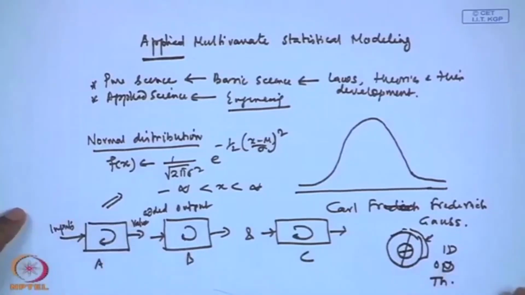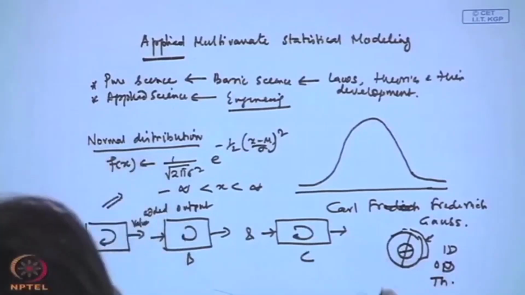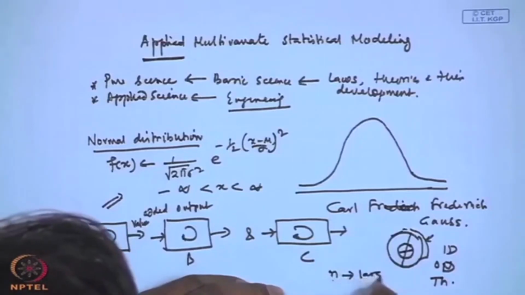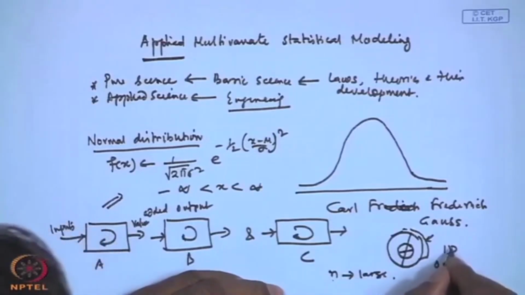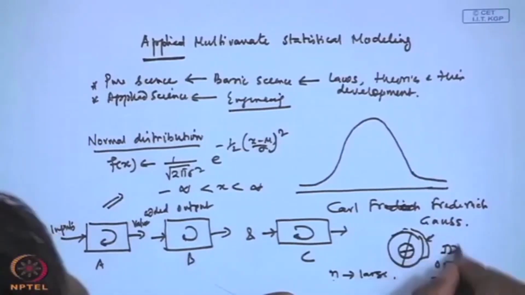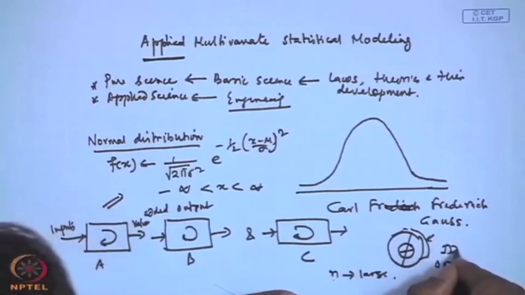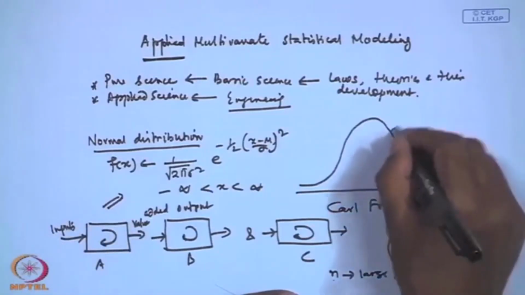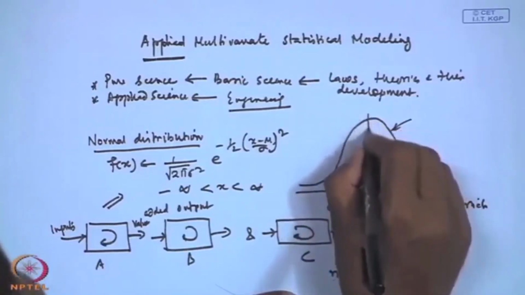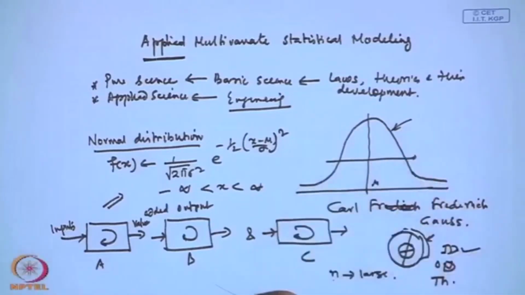Now, if you produce a large number of steel washers, that means N is large, then suppose the quality characteristic of the steel washer which is important to the customer is ID. If you plot, you may get this type of normal distribution, where you will get the mean here, and there will definitely be a standard deviation for ID.